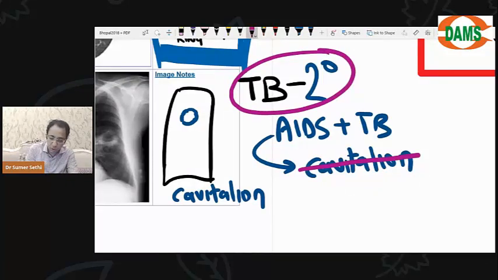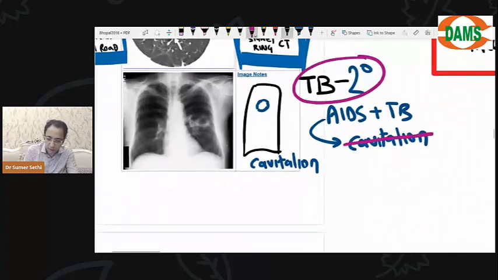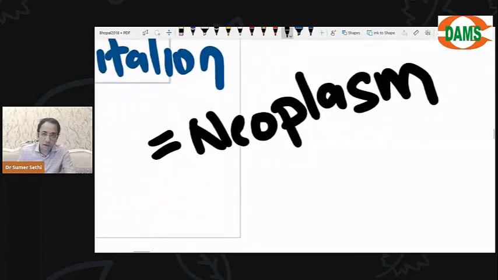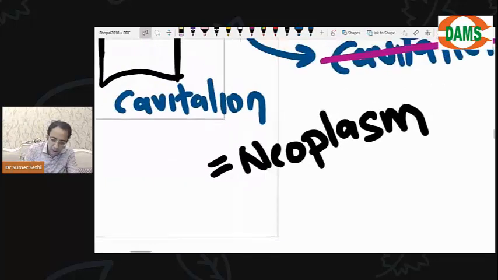Everybody understands? Very good. Now tell me, name any other disease that you know of which can show cavitation. The question is, can a neoplasm show cavitation? The answer is yes.